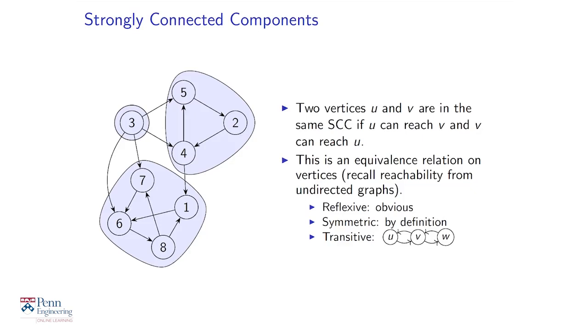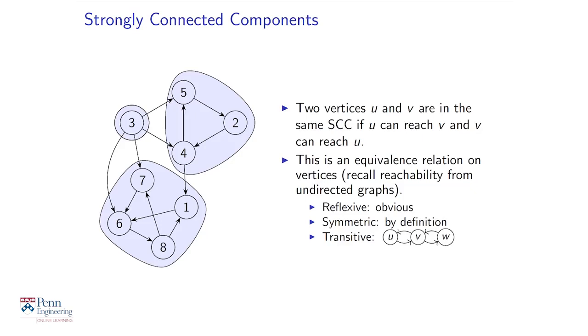Transitivity is the only interesting part. What we want to say is that if u and v are in relation, meaning there are paths from u to v and v to u, and v and w are in relation, which means that there are paths from v to w and w to v, then u and w are in relation. And that's not hard to see.